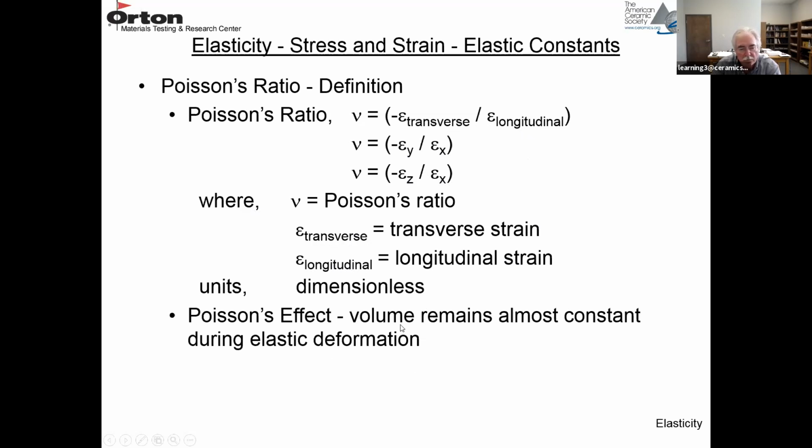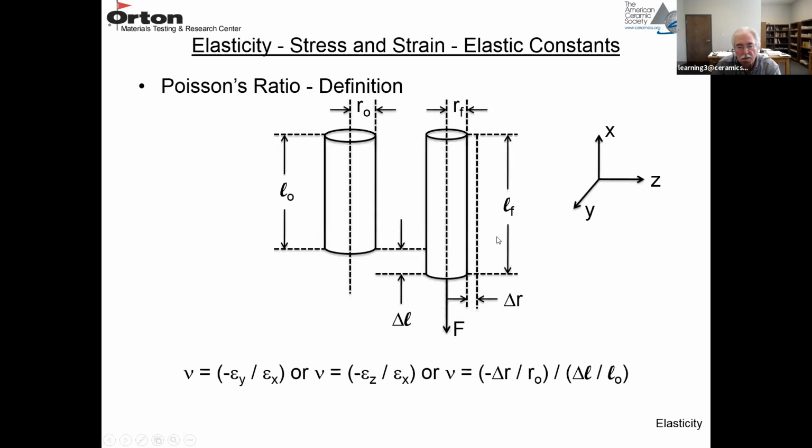And the Poisson effect: when you load the sample, the volume remains almost constant during an elastic deformation. So if it elongates in this direction, it has to shrink in this direction.